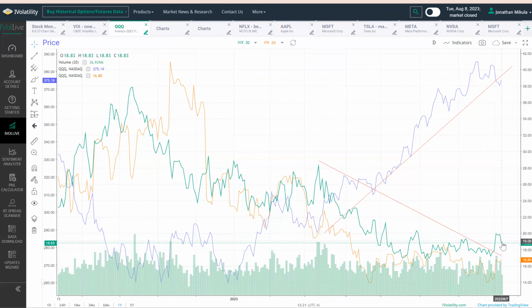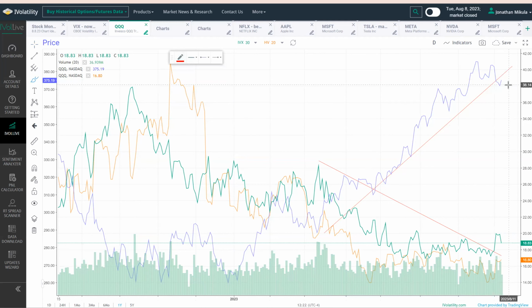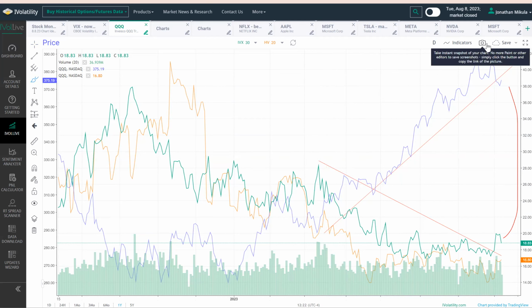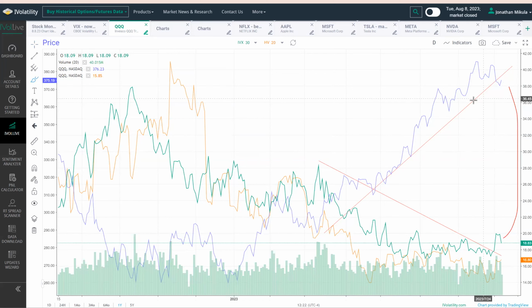So again, what's going to be interesting to see is if implied volatility comes down and crosses back below the trend line, or if it continues higher, because then ultimately what can happen is you'll see price and implied volatility meet, kiss in the middle, and then that creates some very interesting trading opportunities. So, again, just within 2 minutes, this is a very interesting chart for me. So I would take a picture, save that, and know to come back and look for interesting trading opportunities.